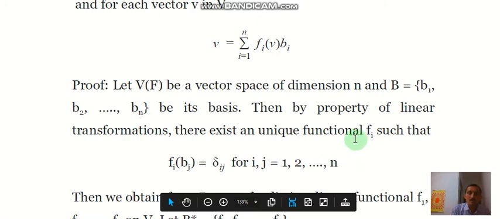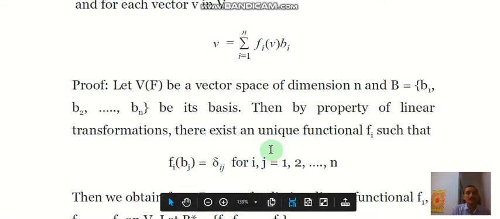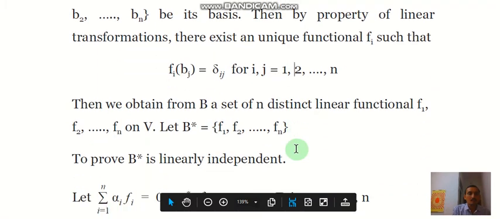We proved this theorem in the previous lecture, so from there we follow that for each basis vector bj there exists a unique functional fi with fi(bj) = Kronecker delta ij, for i, j varying from 1 up to n.